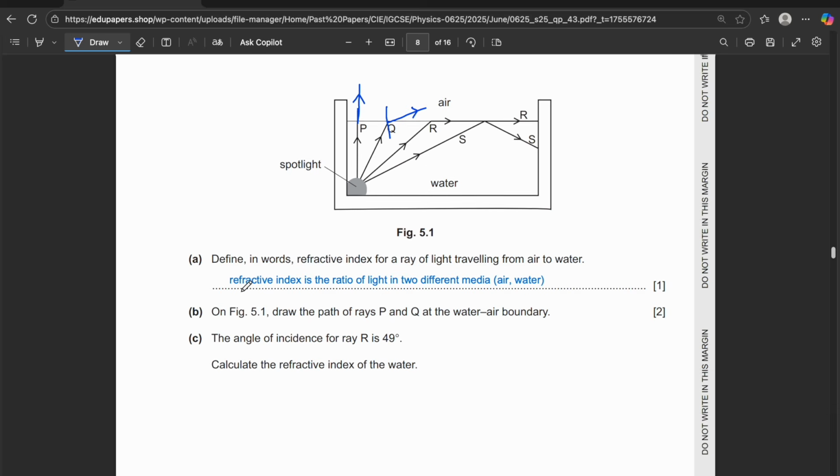C, the angle of incidence for ray R is 49 degrees, and calculate the refractive index of the water. You can see that the refracted ray is going along the boundary, which means this incidence angle will be the critical angle. So this is the critical angle, and n is equal to 1 by sin C, which is 1 by sin 49.